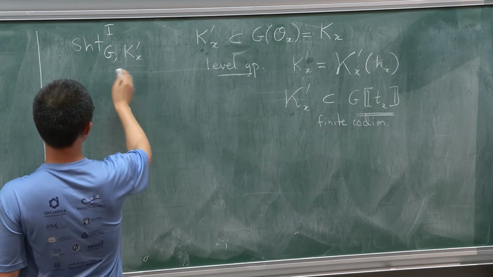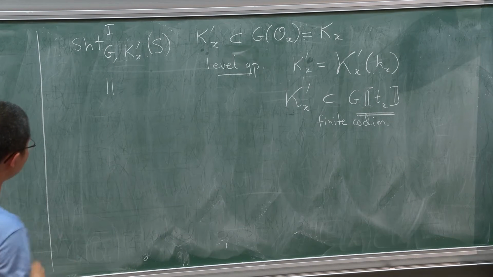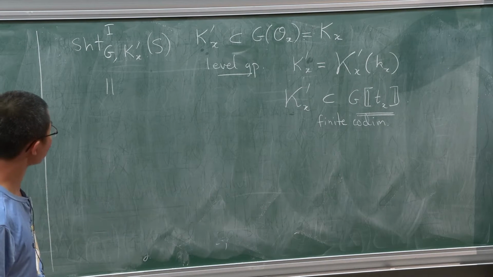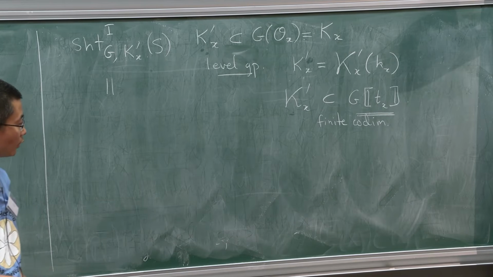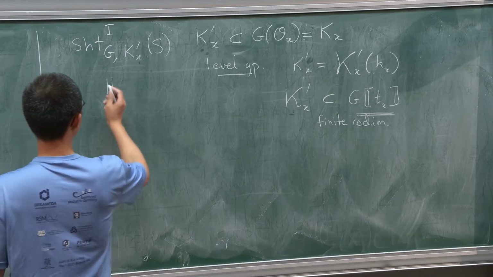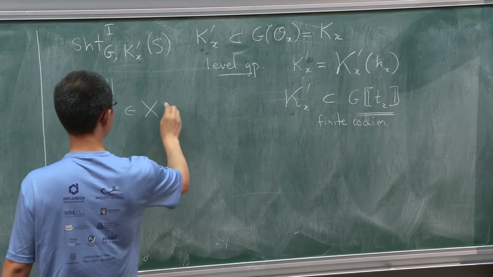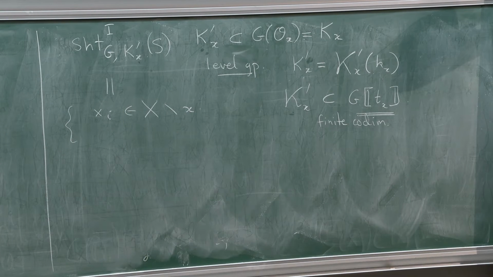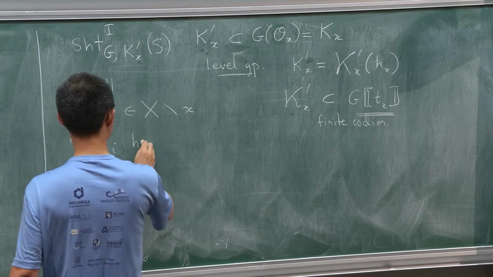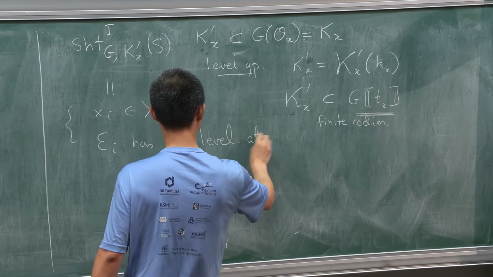Okay, and then to define this moduli problem, there's a subtlety, but the strategy is just to ignore that subtlety by requiring the legs to be away from X. So we require all the legs are away from X, and then all the bundles are equipped with K_X' level structures.